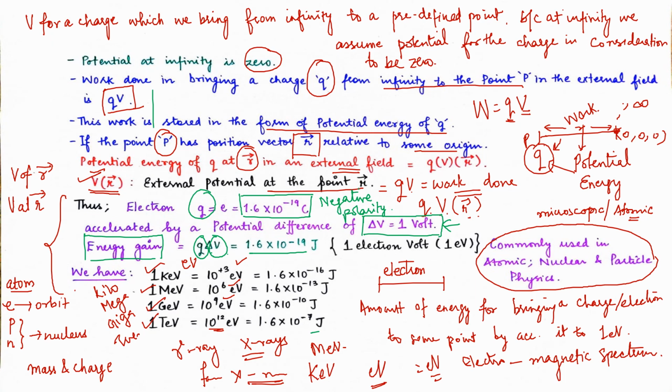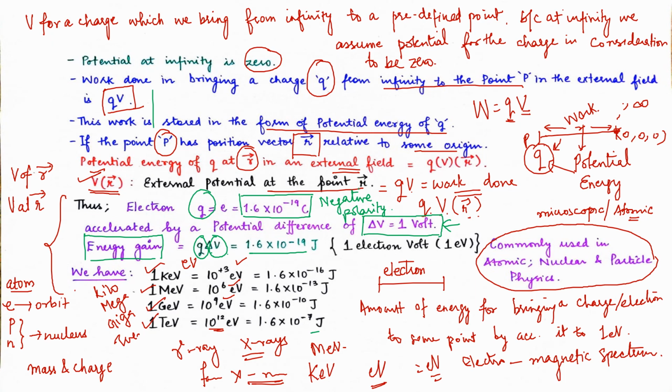So that's all for today's class. In this class we have understood the relation of potential and electric field, and how external electric fields are used to define the system in which charges and electric fields play a role, and the effect of an external electric field.